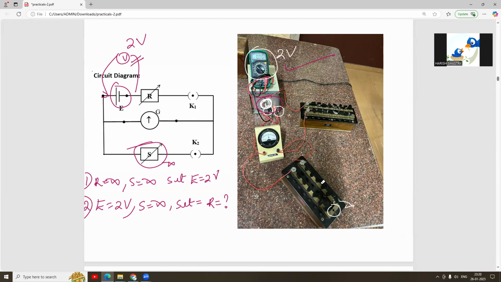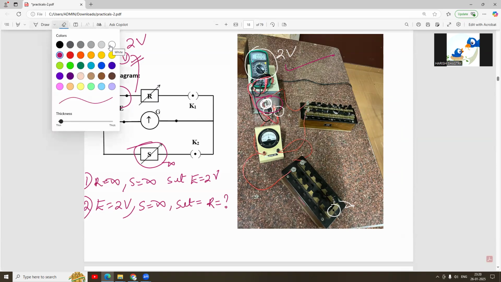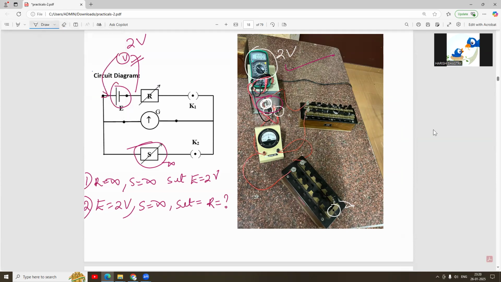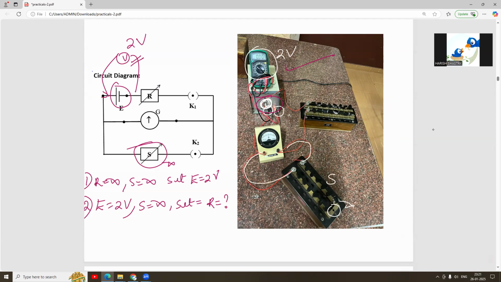One minute, I will change this color because it's not seen. Sorry, this is S, which is in parallel with the galvanometer. That is this. And this is R. Now you have to set this.